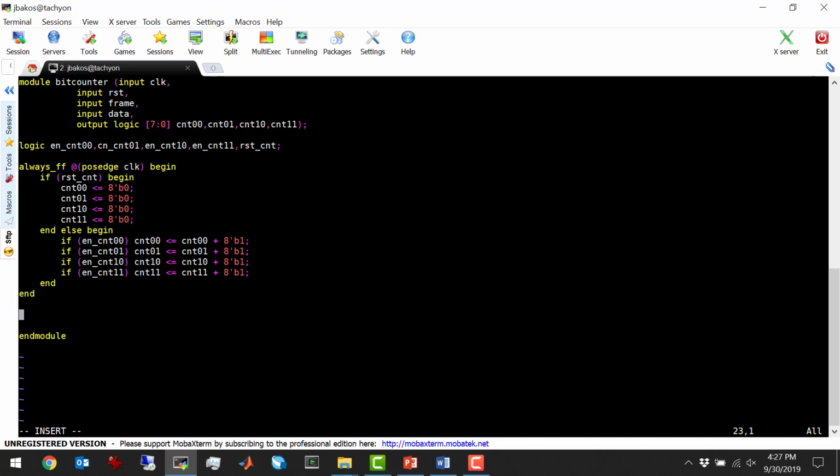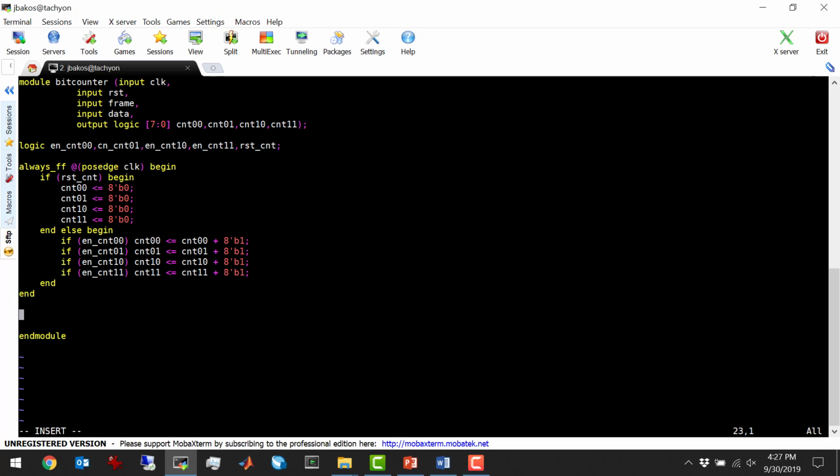Okay, and then from here, if frame equals 1 and data equals 0 again, then I'll go to this state that says C00.